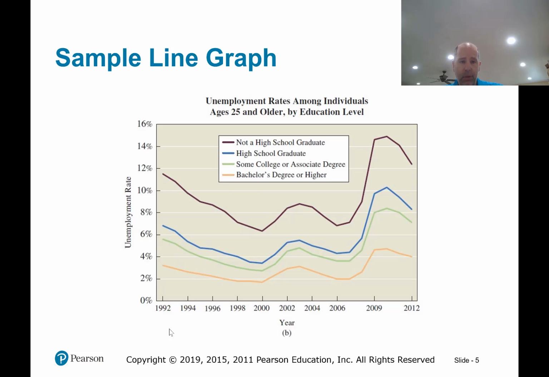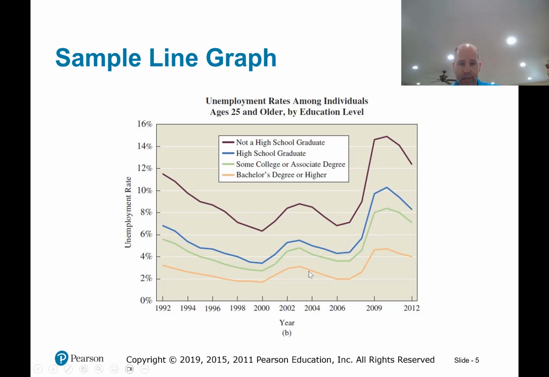Also, here's a sample line graph. Each line represents a degree, and then the horizontal axis, the x-axis, is year, it's time, and your vertical axis is the unemployment rate. So you can see how the unemployment rate has changed over time for the group that has each of these degrees.